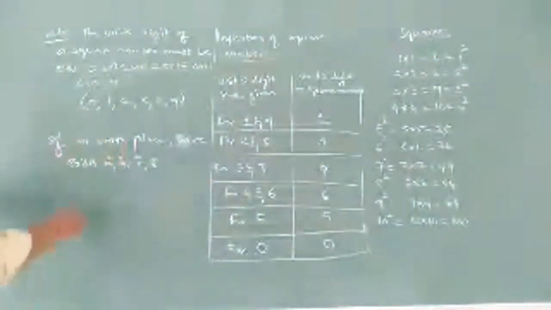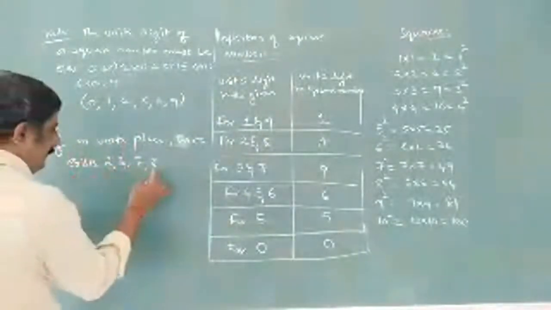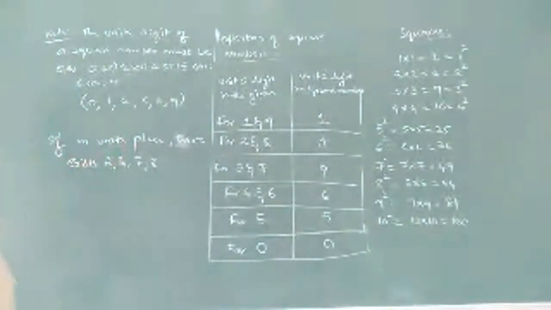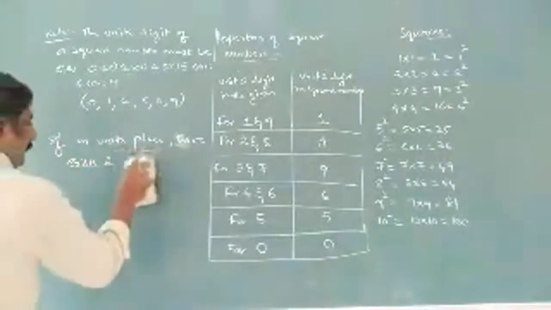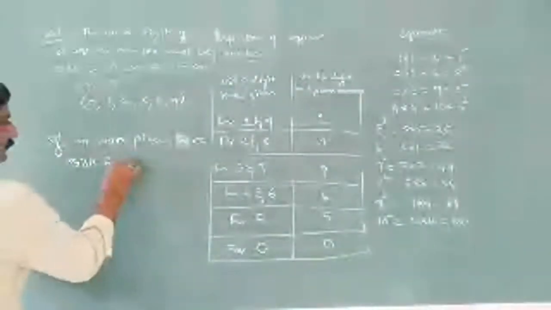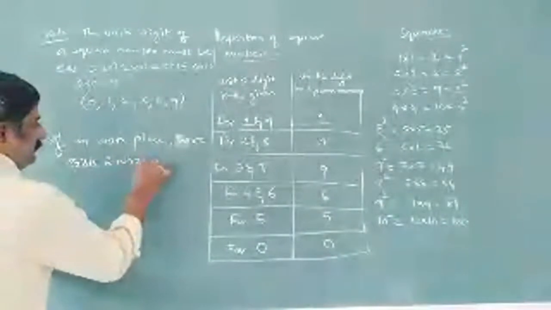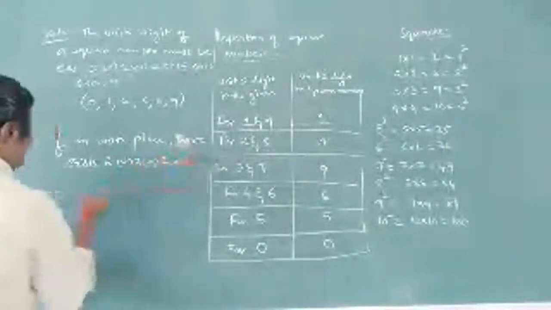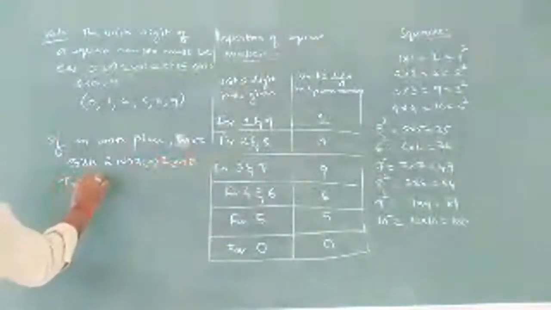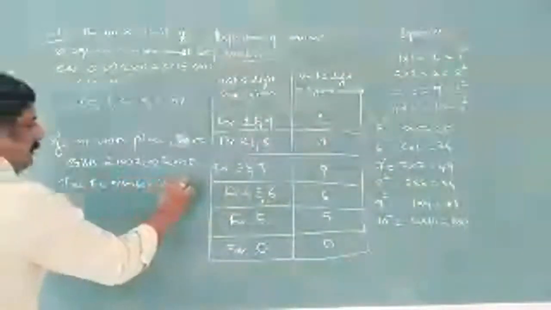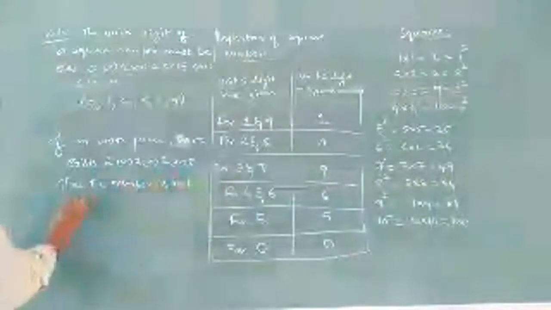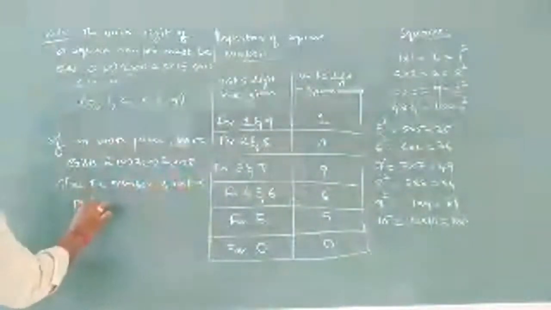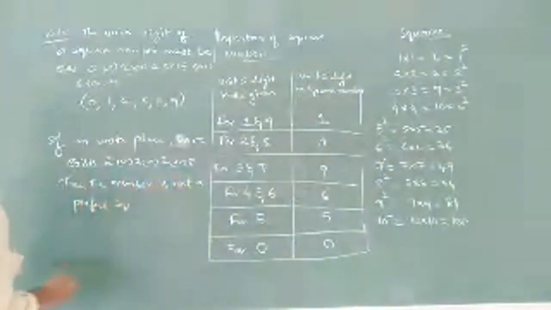Okay. So if in units place there exists 2 or 3 or 7 or 8, then the number is not a square number.